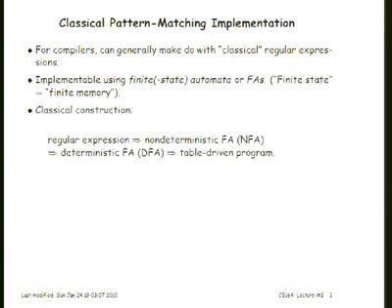A finite automaton is simply a graph in the sense of CS61B. Its nodes represent what are called states. You can think of them as states of the machine's memory. And they're called finite automata because there are a finite number of these states.